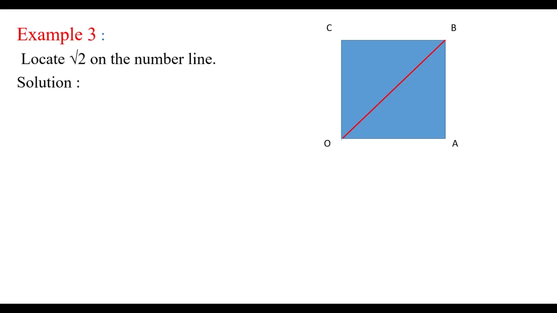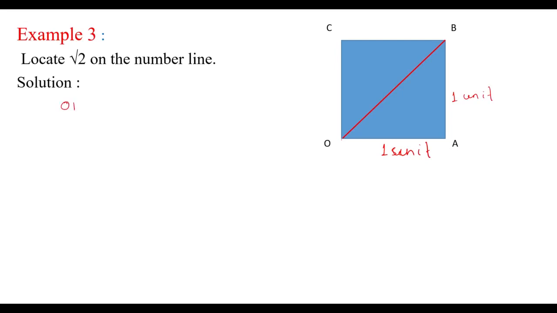Here O, A, B, C is a square. So this is a square having one unit side, whose side is 1 unit each. So here OB is the diagonal of the square.